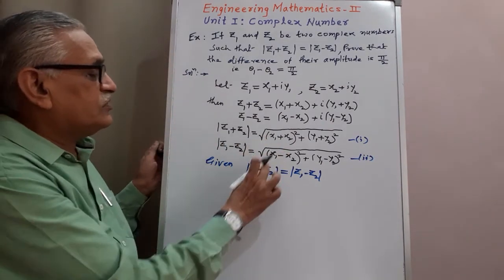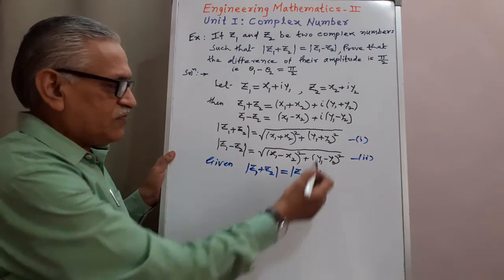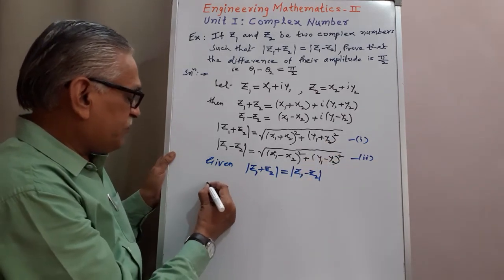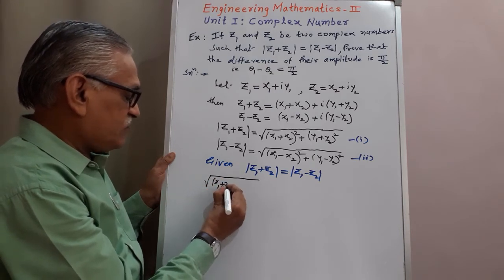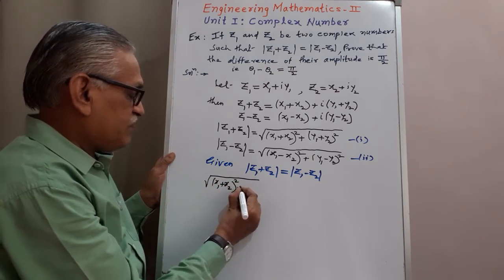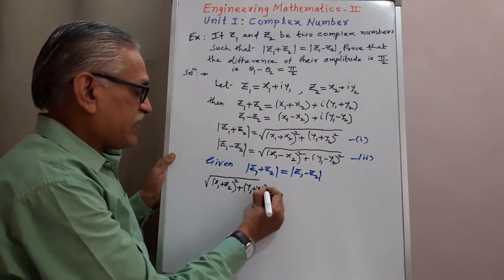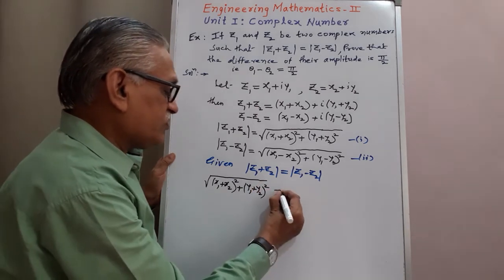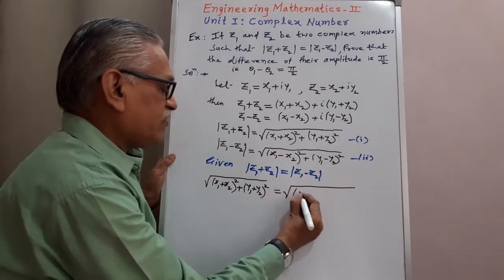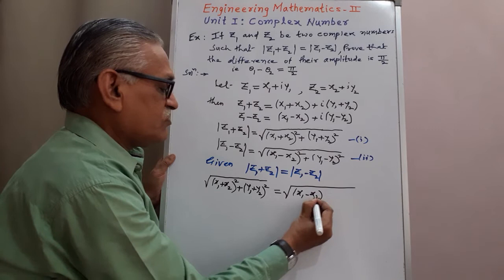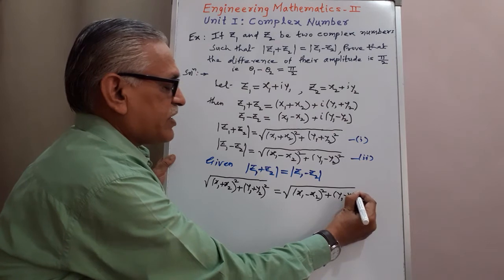Substituting the values of the absolute value of z1 plus z2 and the absolute value of z1 minus z2 from equations 1 and 2, we have root of (x1 plus x2) square plus (y1 plus y2) square, and that is equal to square root of (x1 minus x2) square plus (y1 minus y2) square.